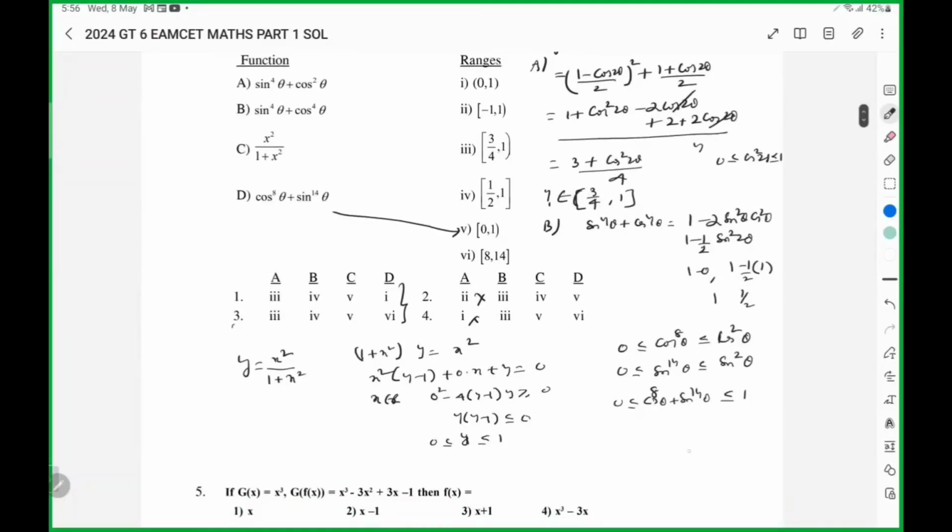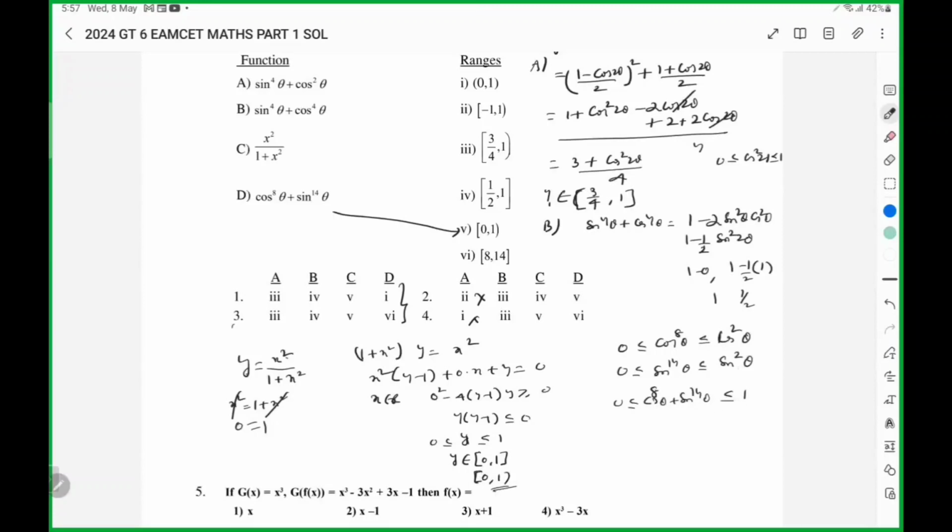Here y belongs to 0 to 1, but if you take y as 1, x square equals 1 plus x square, which is impossible. So it is closed at 0, open at 1 is the answer.